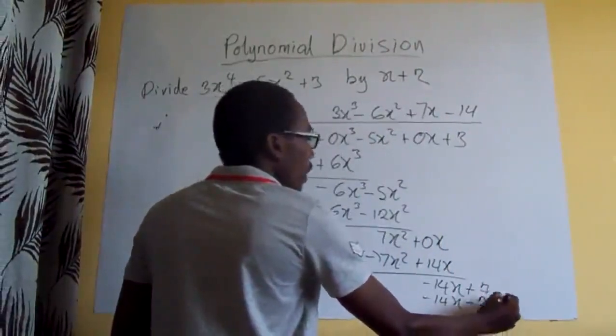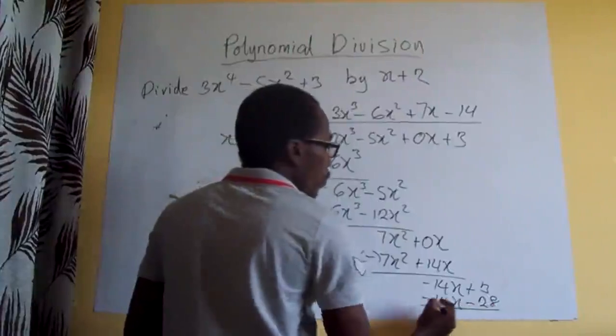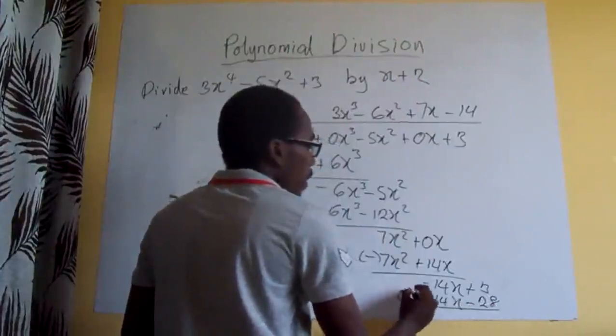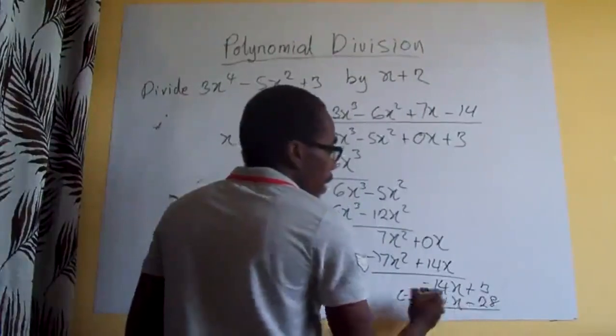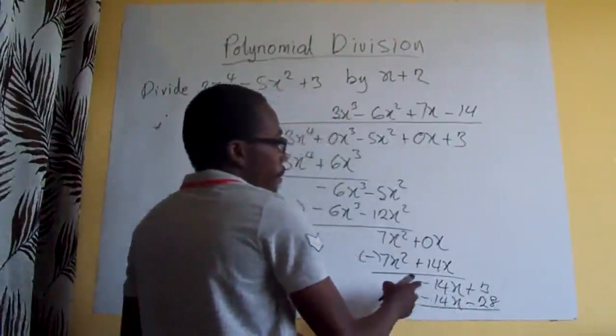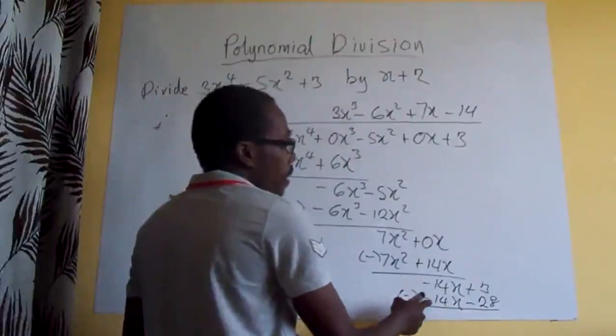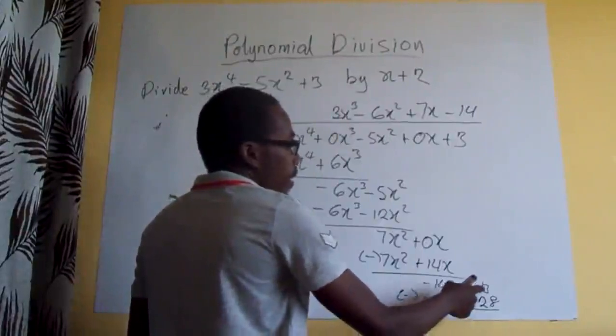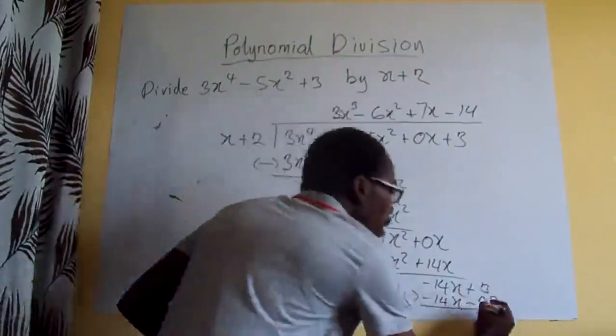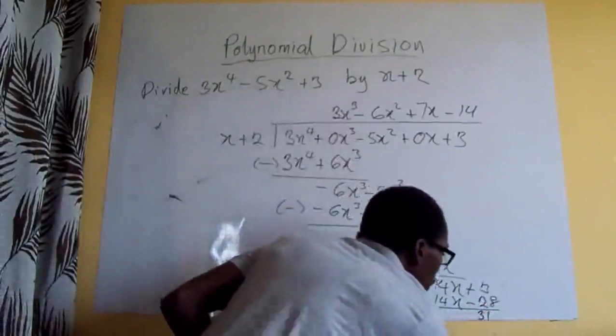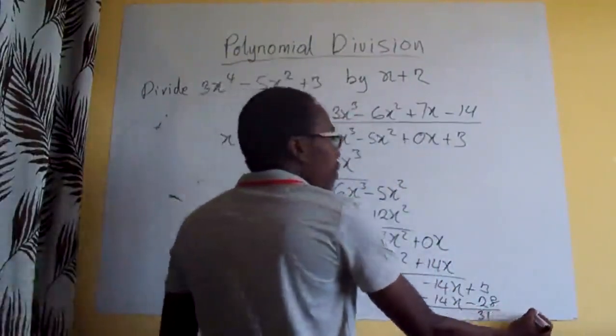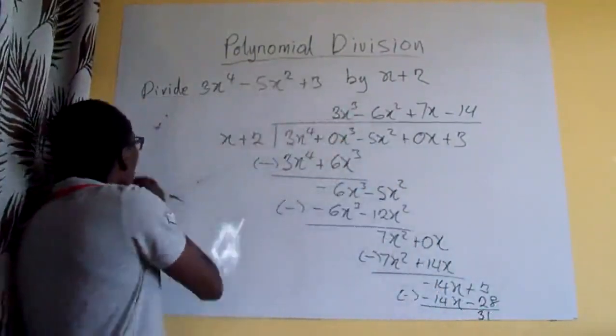Good. So minus 28. You go on to subtract, and then we get, that is minus 14x minus 14x gives us 0, and then 3 minus 28 gives us positive 31. So this becomes, 31 becomes our remainder.